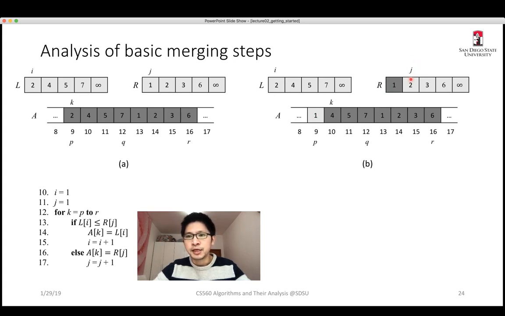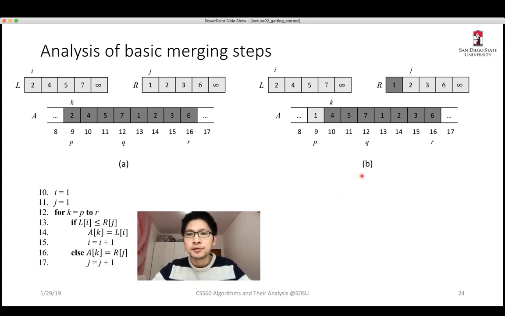J points to the second element of R, and I is not changed. Please note that we colored the already compared and copied elements in L and R in dark gray, and the already sorted elements in A in dark gray, and the unsorted parts in A in dark color.